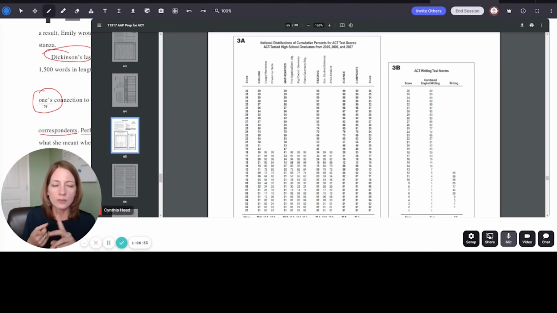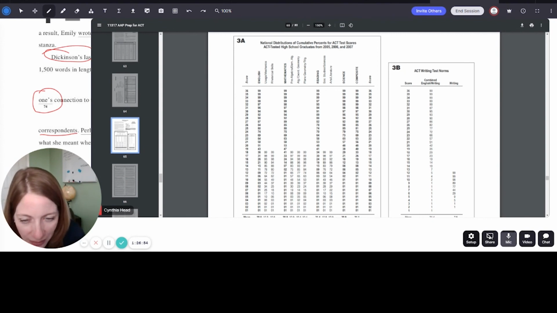Graduates from 2005, 2006, and 2007 were given this test. And from those reports, if you got a 34, 35, 36, you're in the top 1% in the nation. Pretty cool.